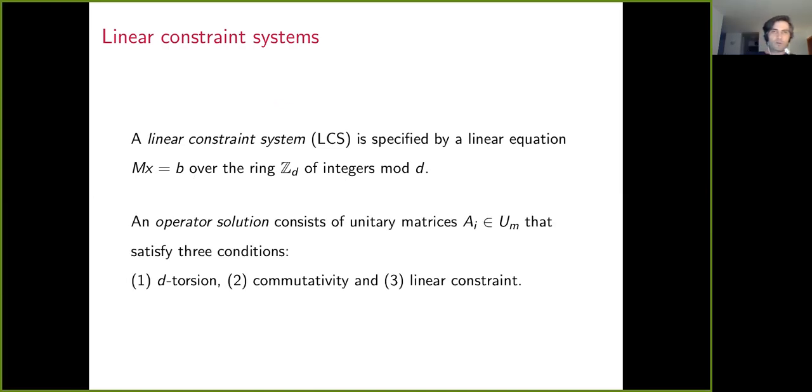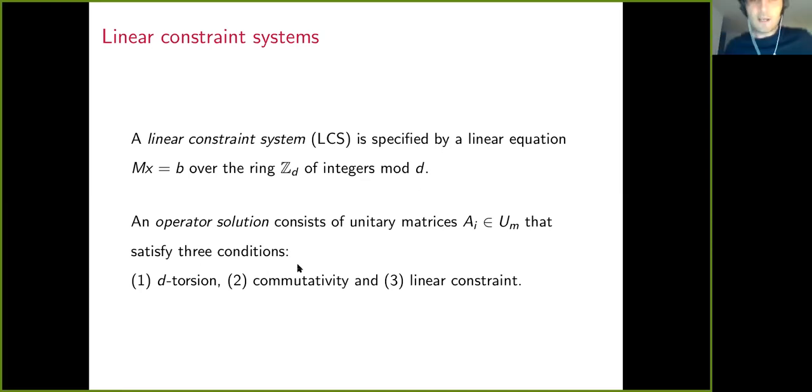We are going to look for operator solutions, which are essentially unitary matrices of certain dimension. I'll denote UM for unitary matrices m by m. And these matrices are going to satisfy three properties. The first one is the d-torsion property, which imitates the d-torsion property of integers Z mod d.